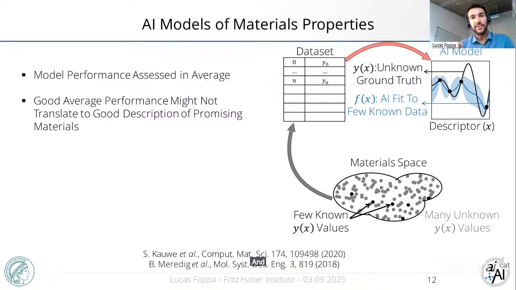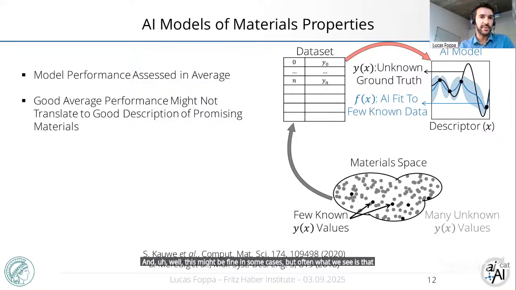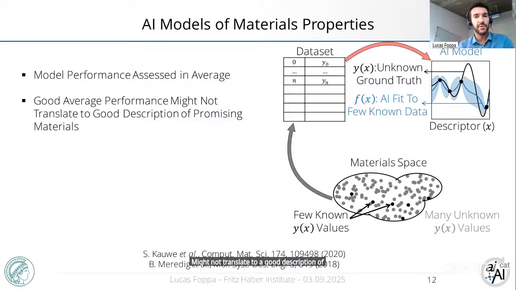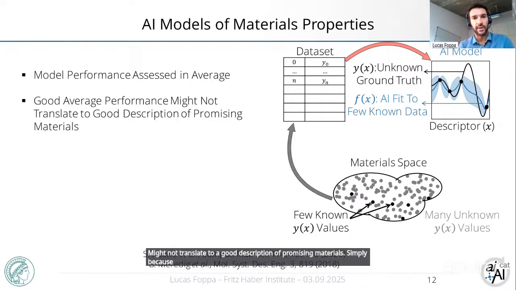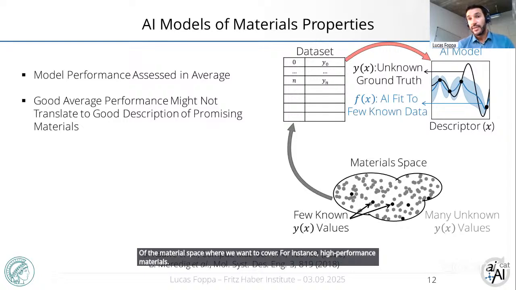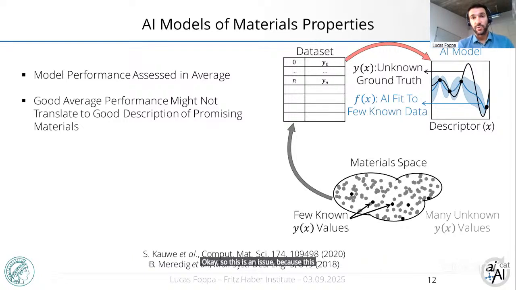This might be fine in some cases, but often a good performance on average might not translate to a good description of promising materials, simply because the data set that we use to train our models might not be representative of the material space we want to cover, for instance, high performance materials. This is an issue because it will hurt materials discovery.